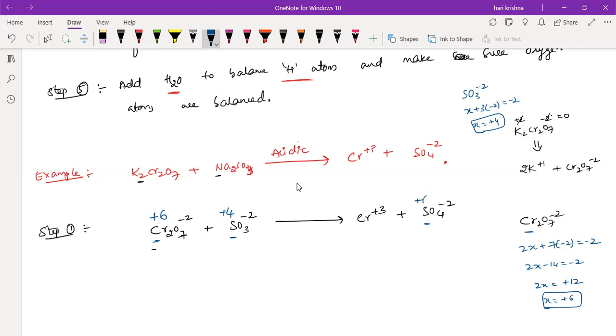Now tell me which one is undergoing oxidation, which one is undergoing reduction. Chromium is moving from plus 6 to plus 3, right? And sulfur is going from plus 4 to plus 6.